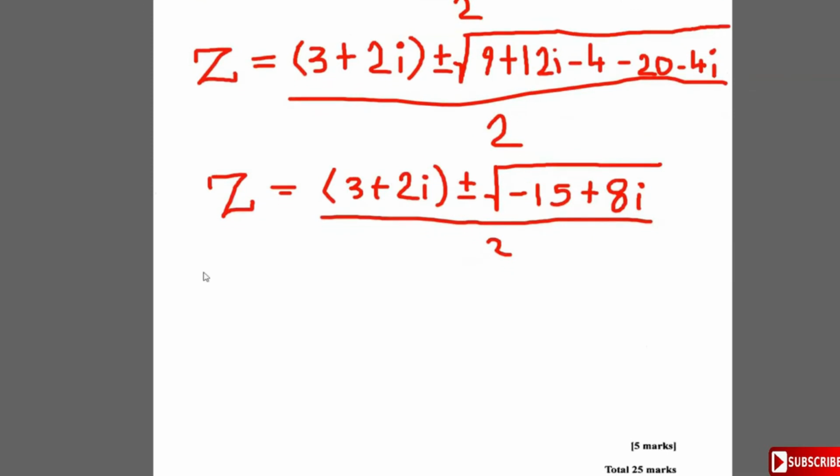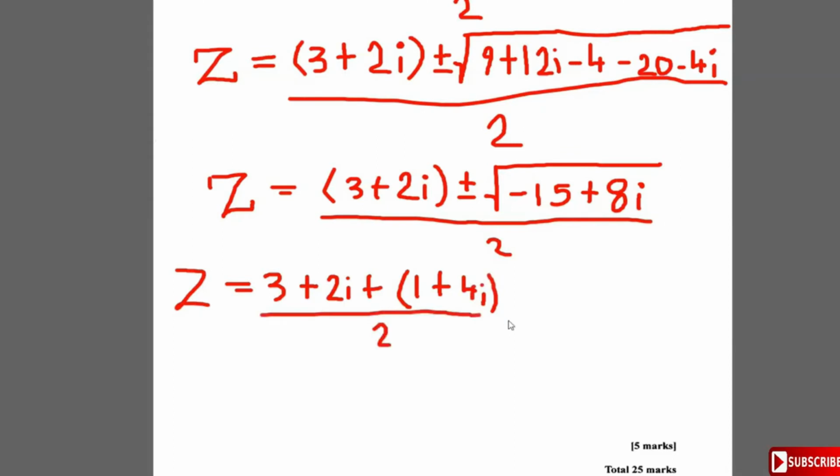and so z is going to be equal to 3 plus 2i, going with the plus first, plus 1 plus 4i, over 2. That's one possibility. This is one workout for z.